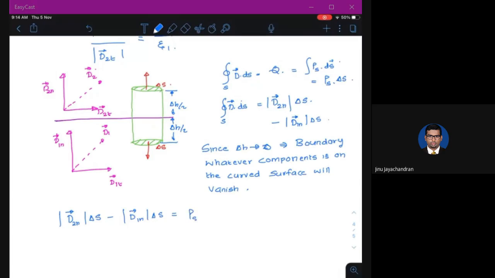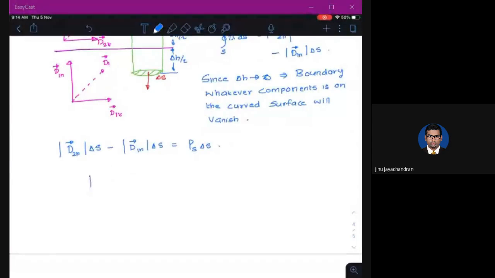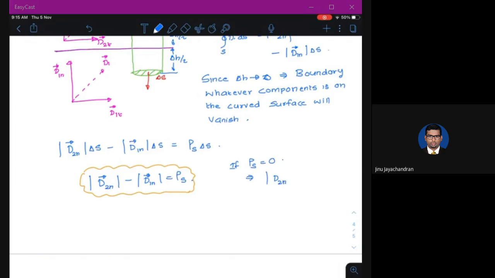So we come to our next boundary condition, which says the magnitude of D2N minus the magnitude of D1N is equal to the surface charge density. Or if the surface charge is equal to 0, it implies the electric flux density's normal components are continuous.